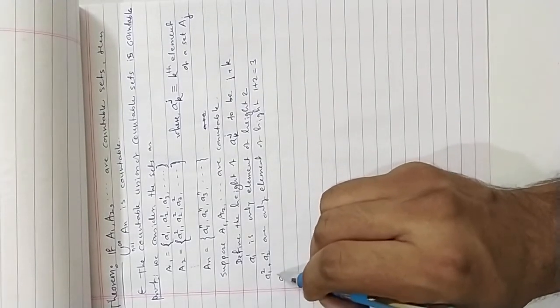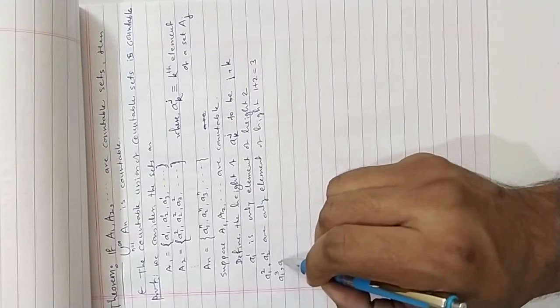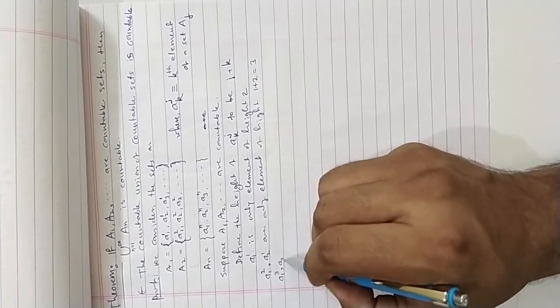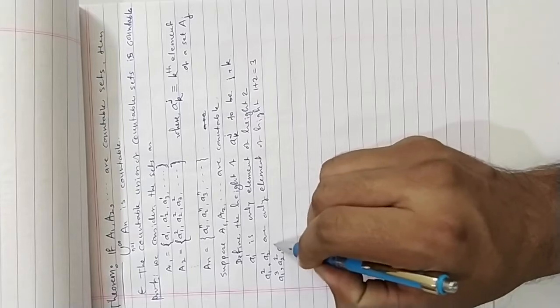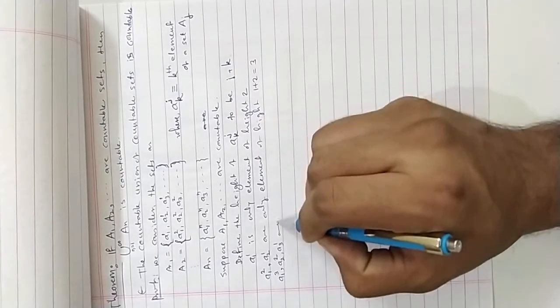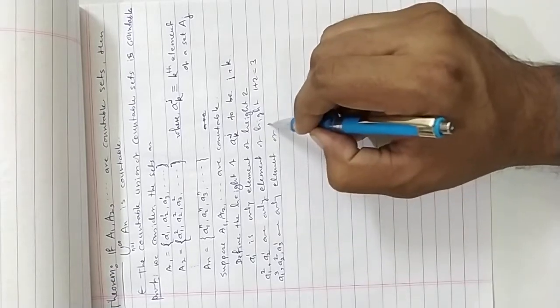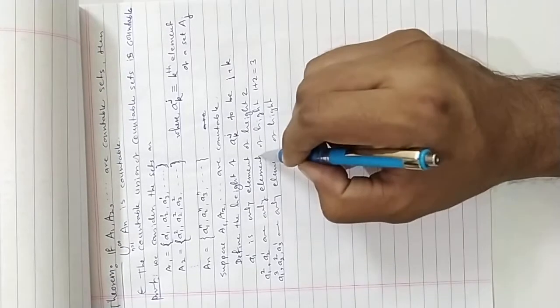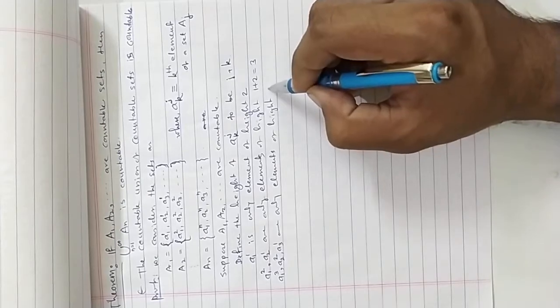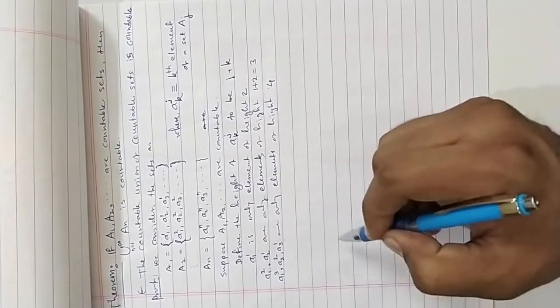Similarly, a13, a22 and a31 are the only elements of height 4, right? And so on.